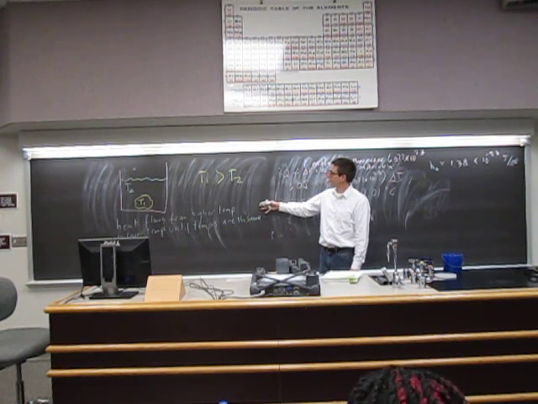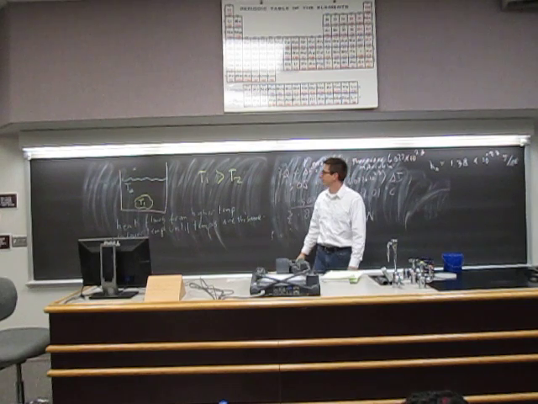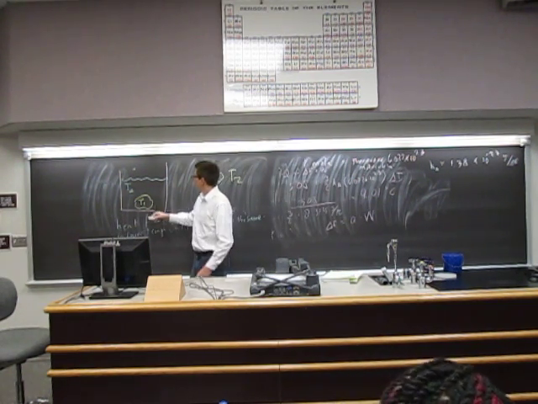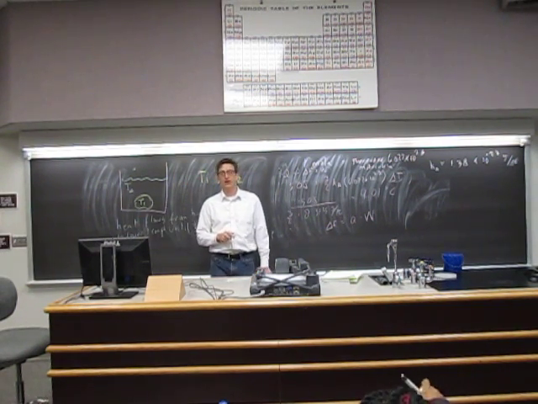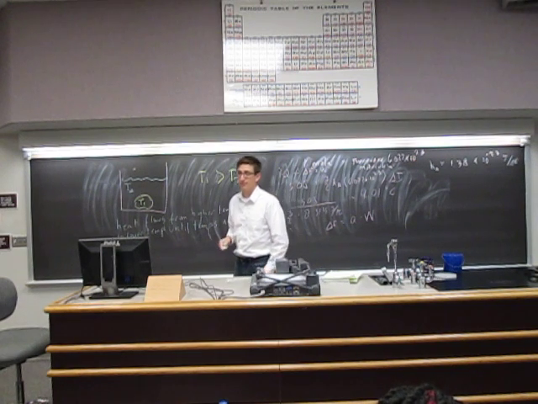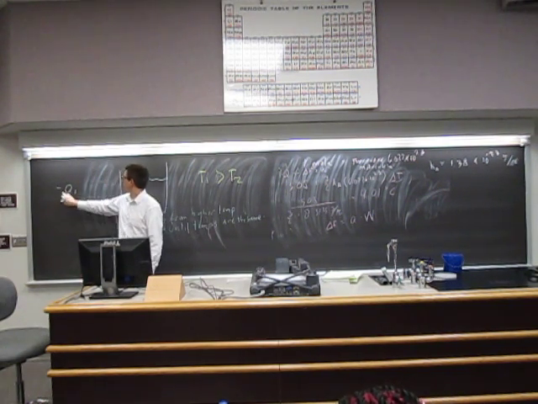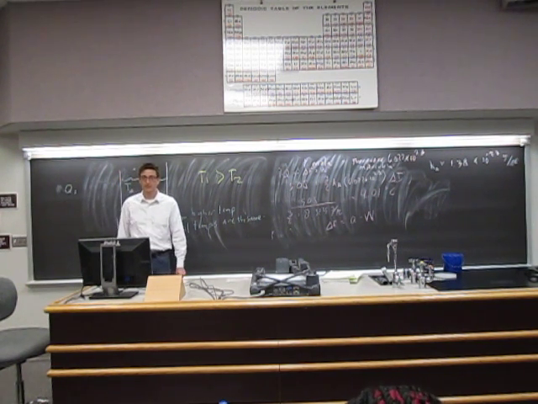But heat will only flow, which we haven't talked about yet, from higher temperature to lower temperature until they become equal. If I call the heat that flows out of T1 Q1, this is the heat that flows from there.